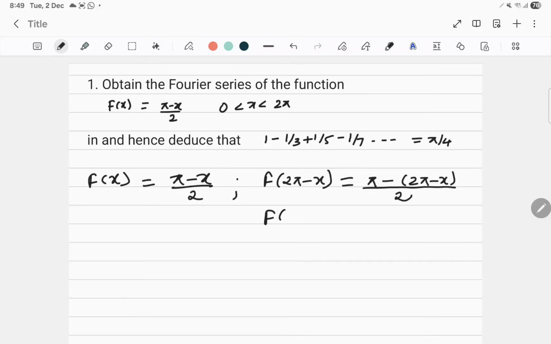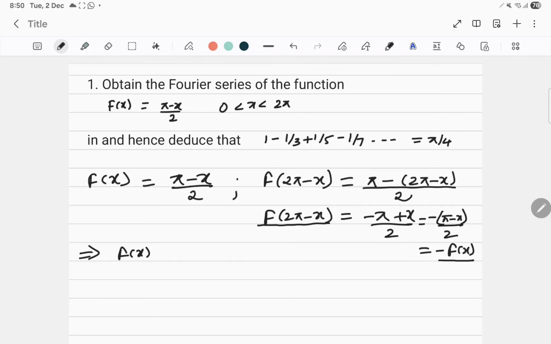So how much is it? f of 2 pi minus x is equal to (pi minus 2 pi) which is minus pi, plus x, upon 2, which is equal to (x minus pi) upon 2, or minus (pi minus x) upon 2. So what is this? This is the minus of f(x). So when I started with f of 2 pi minus x, I got minus f(x). So this is an odd function.